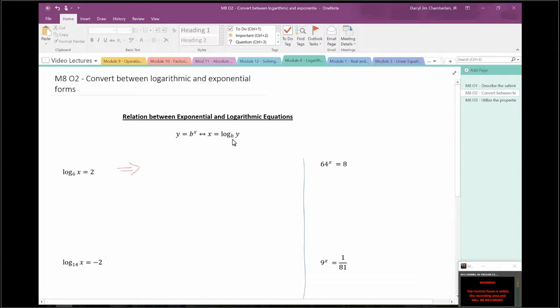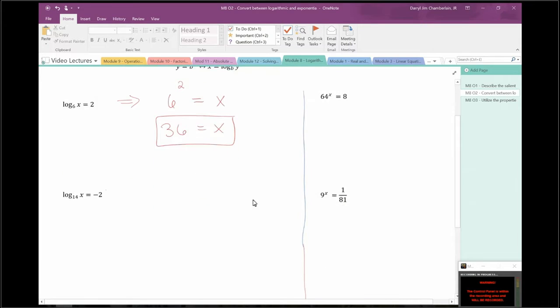So, this base becomes the base of the exponent. This outside number becomes the exponent, and that's equal to the inside. And now in this form, it's very obvious what x is. X is 36.